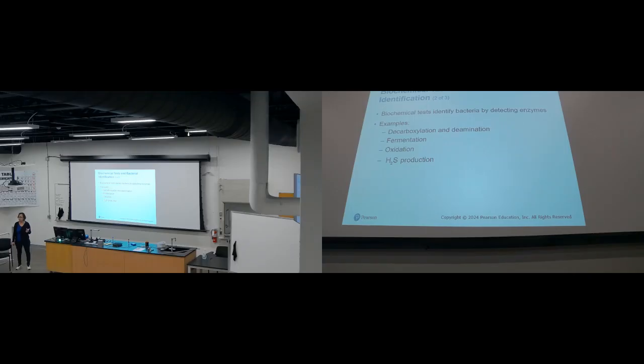So we have media with specific substrates that can be utilized by the bacteria that has that specific enzyme, and that will give you a product that is visibly seen. Examples of biochemical tests are testing the decarboxylation and deamination, fermentation, oxidation, and production of hydrogen sulfide.